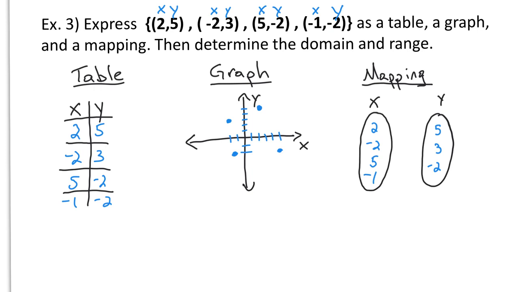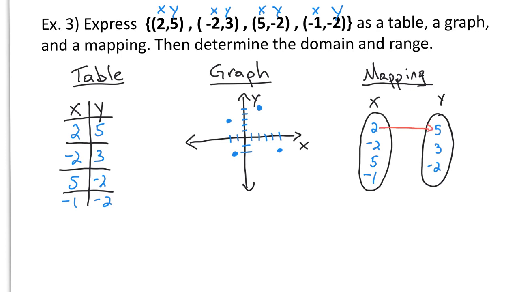Now the mapping is where you guys are going to connect the x with the y. So we have to know what corresponds to which variable. So you go back to the table. You can also use your coordinate points up here. 2 corresponds to the 5, so that's 2, 5, that's 1 point. Or you can look at the table, 2 corresponds to 5. So you guys will make an arrow from the 2 to the 5.